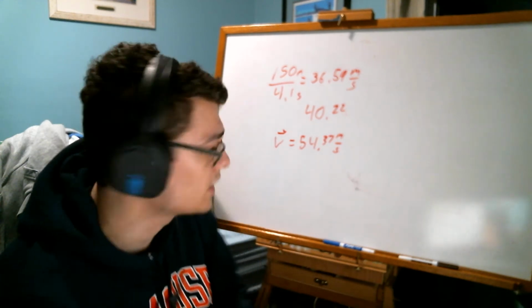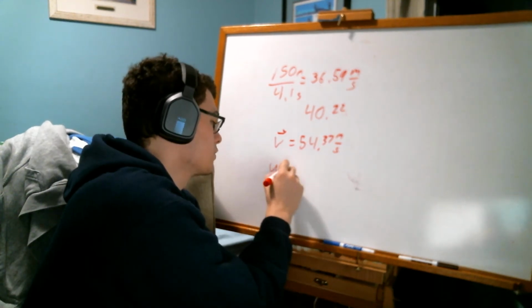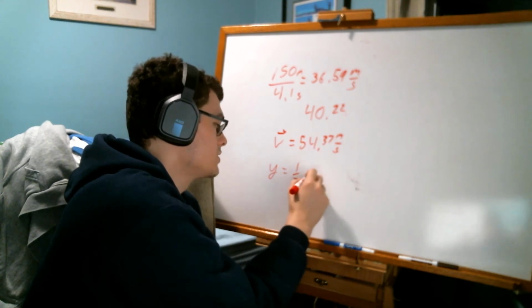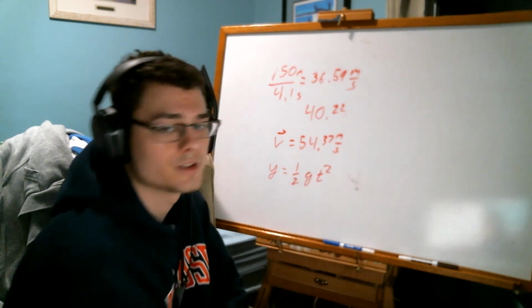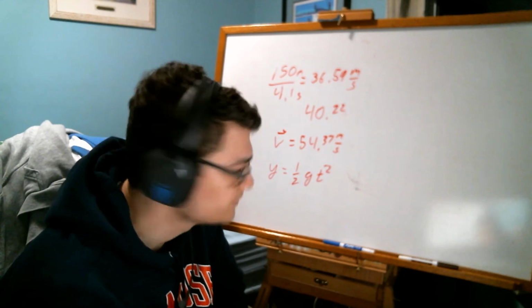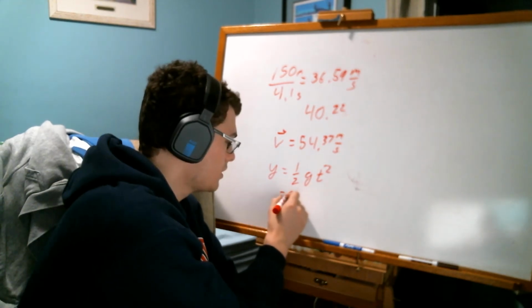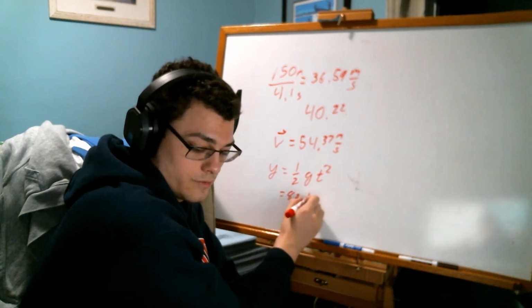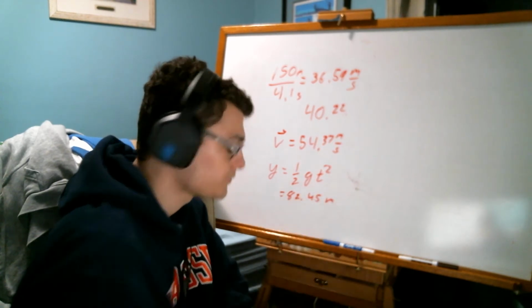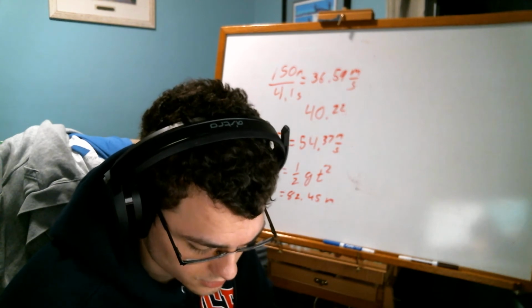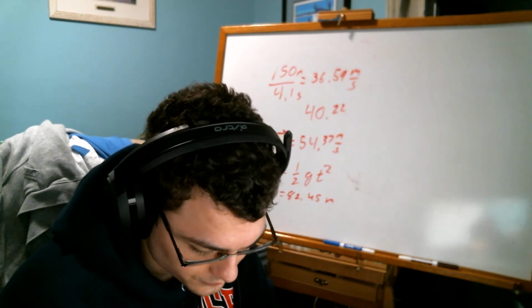Again, you just use our equation from last time, where y is equal to 1/2 gt squared, because there's no velocity in the y direction. And this easily yields 82.45 meters. So this thing drops quite a bit actually.